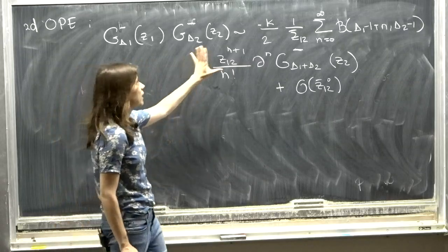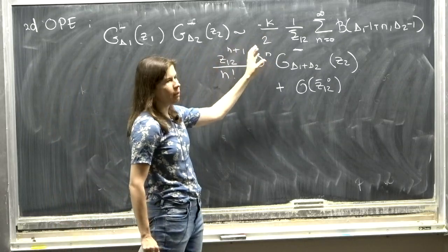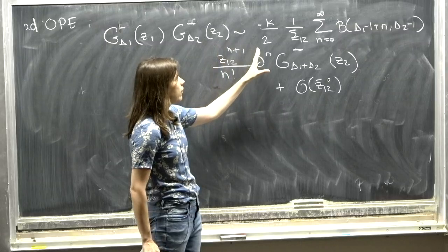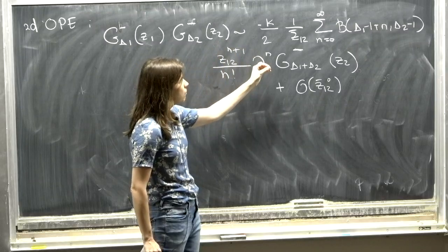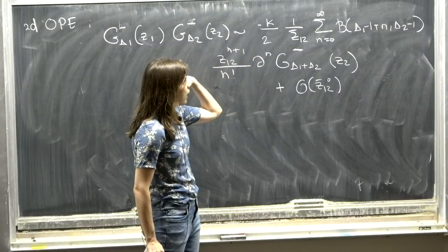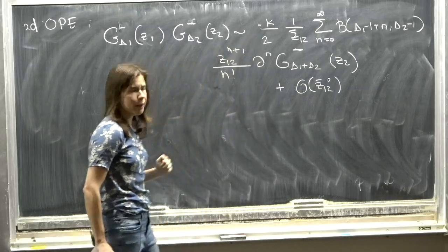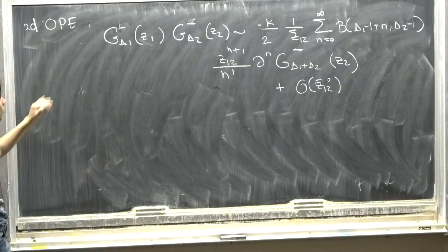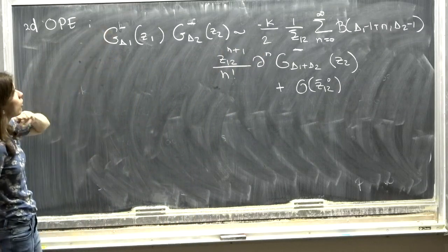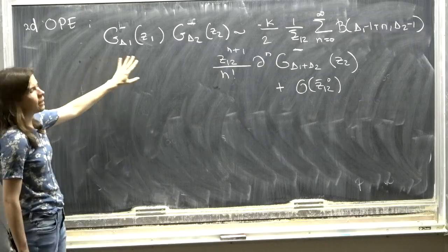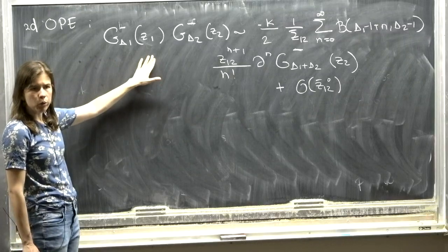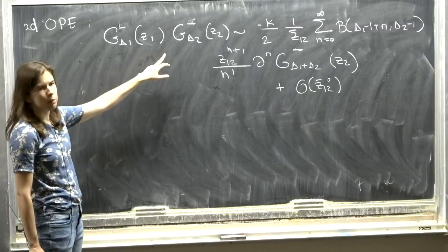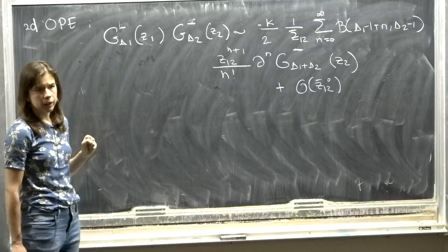So the only input is the leading soft graviton theorem and Lorentz symmetry. And using this OPE, one can compute the corresponding residues to write down an OPE of soft modes that are going to be labeled by some negative integers, delta 1 and delta 2.